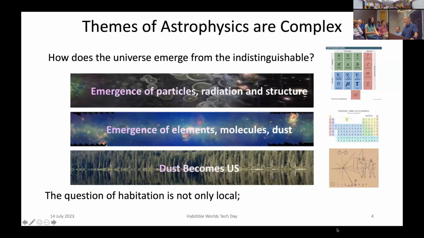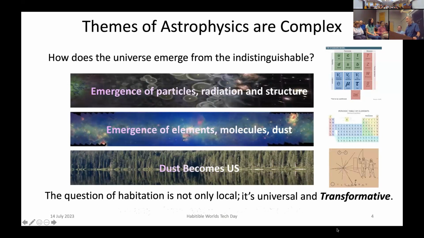But the question of habitation is not only local, it is universal and transformative, and ripping off the old NGST tagline, I hope that Habitable Worlds will be visiting a time when galaxies came alive. So we'll see if that flies with anybody.